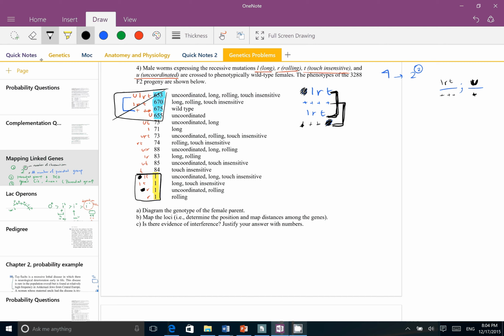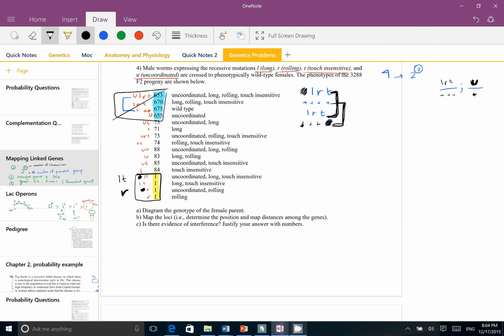If I delete the U's, I have IT, yeah. Yeah, so I have two double crossovers, right? So it's long and T, and then I have R.